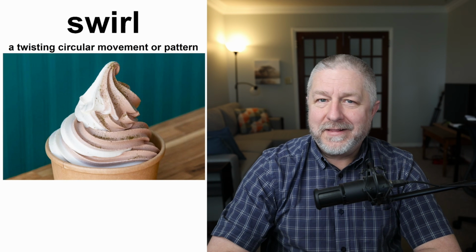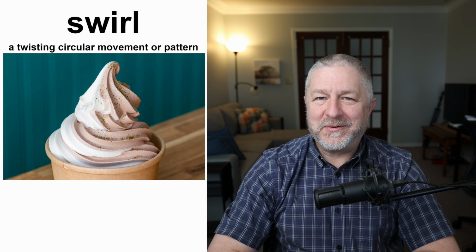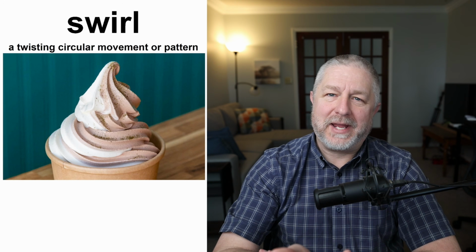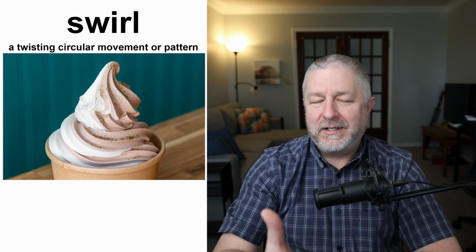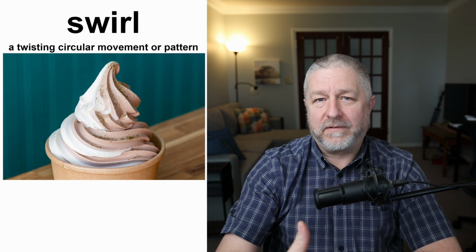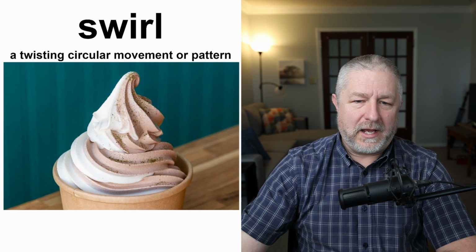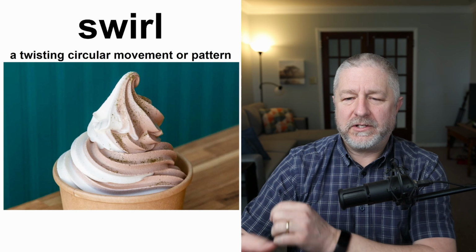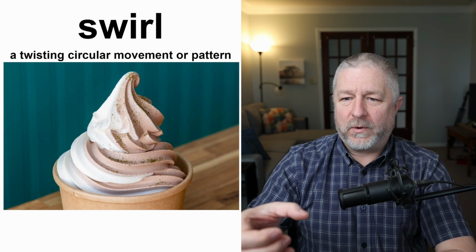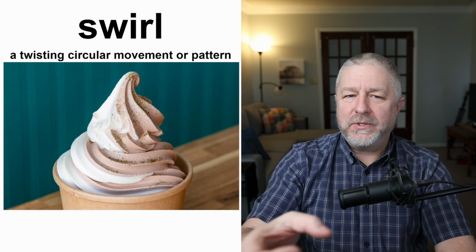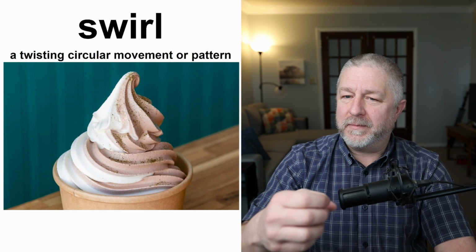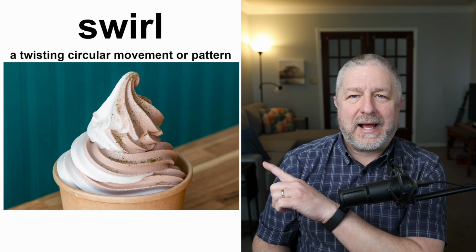Swirl. So this was the best example I could find for swirl. In Ontario, Canada, and in other parts of the world, you can get what we call soft serve ice cream. And when they put the soft serve ice cream into a bowl or into a cone, they will use a twisting circular movement and it creates this pattern.